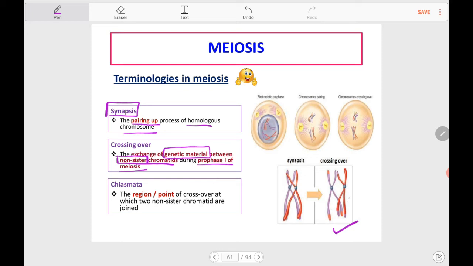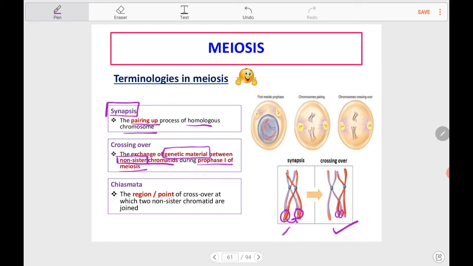So if the exchange of genetic material occur between the red chromosome and the purple chromosome, barulah kita panggil sebagai crossing over.